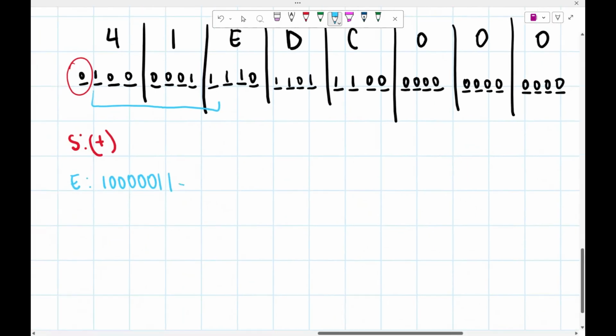And then we'll convert that into decimal, so that would be 128 plus 2 plus 1, which would be 131. Now we'll subtract that by our bias, 127. Don't forget that.